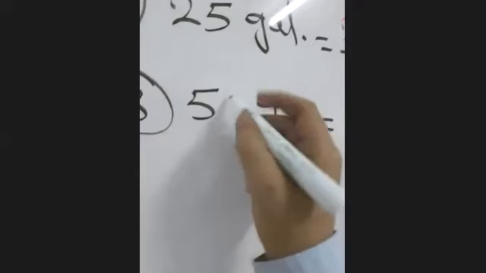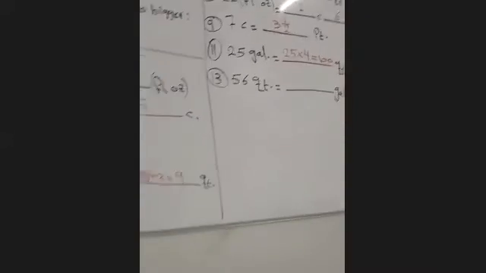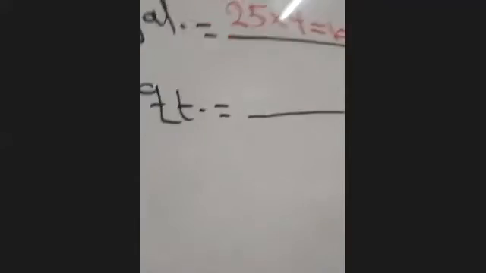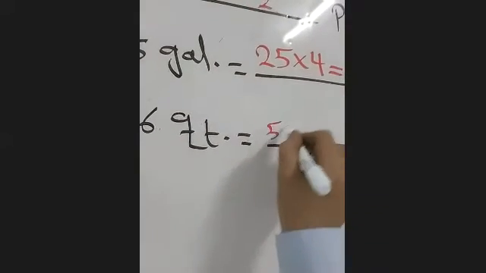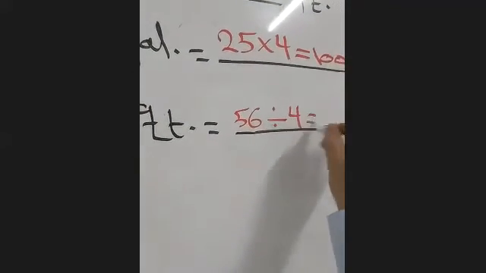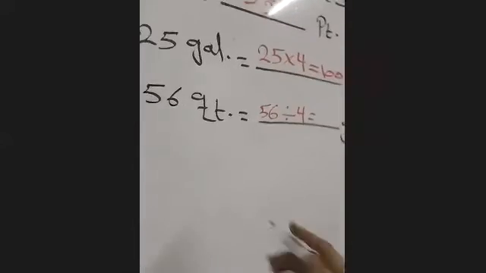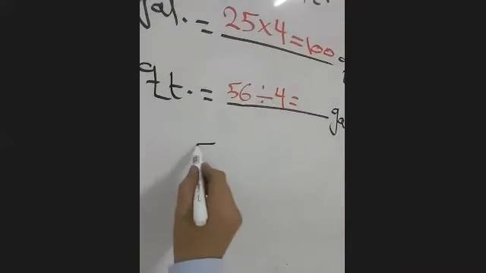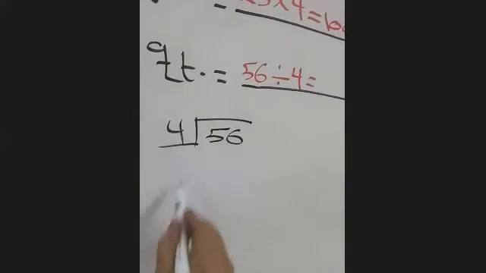Let's divide it by 4. 56 quarts, not 55. Yes. So we divide by what you said? By 4. Let's make a long division. 56 divided by 4.